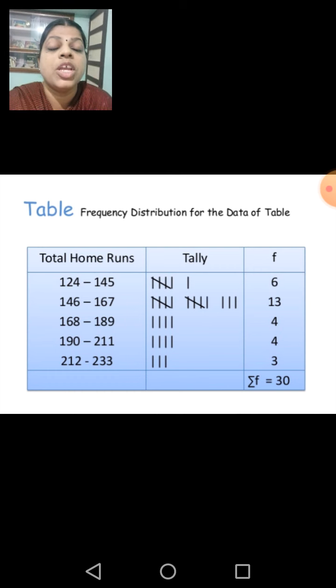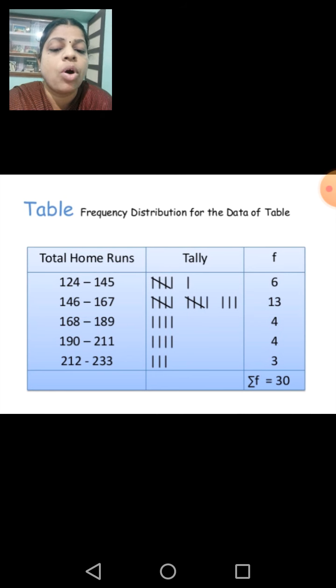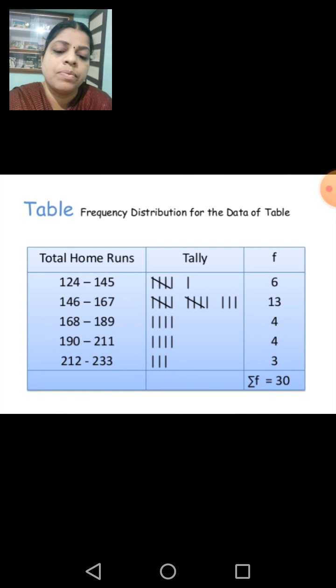So what is the meaning of sigma? It means the total of all the values under the frequency. If we sum up all the values, we can see the number is 30. If you add together all the values given under the frequency, the sum is 30.